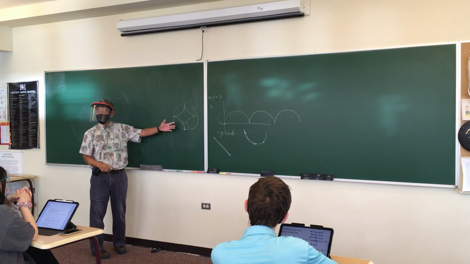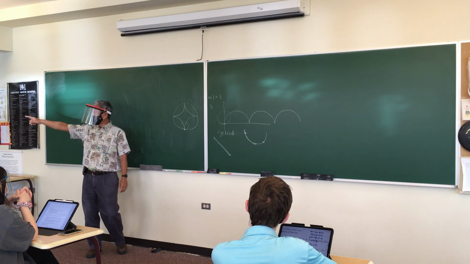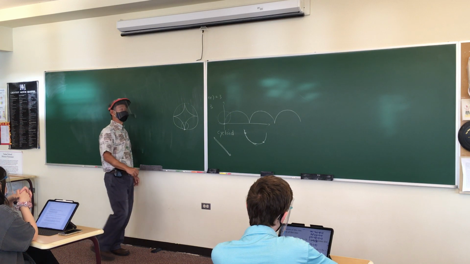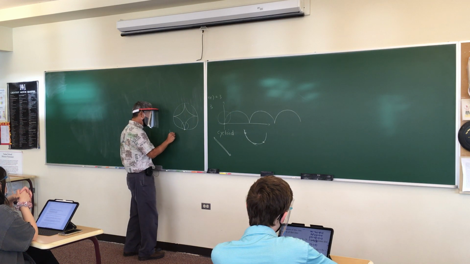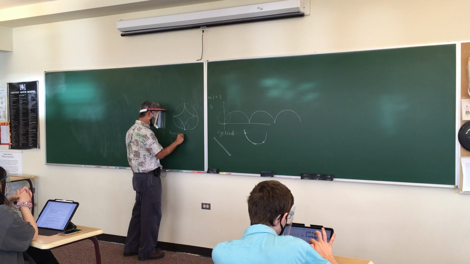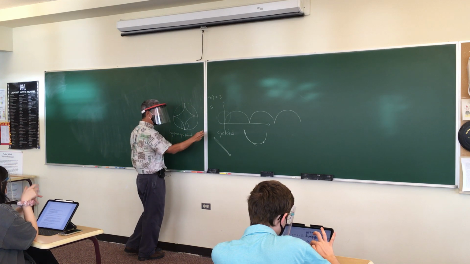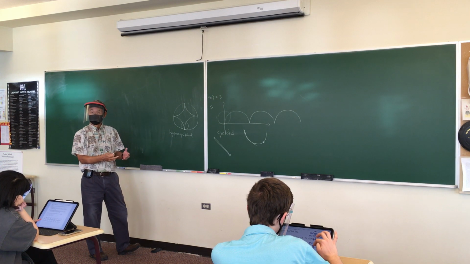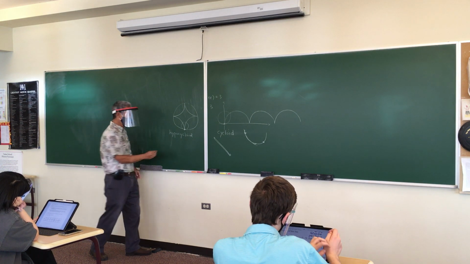This is a very famous graph in mathematics. In fact, you're going to graph it on your homework tonight. It's called the hypocycloid of 4 cusps. So now you know what a cycloid is. This is a hypocycloid of 4 cusps.